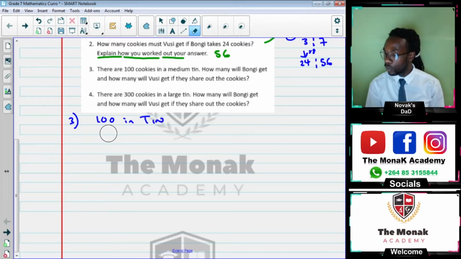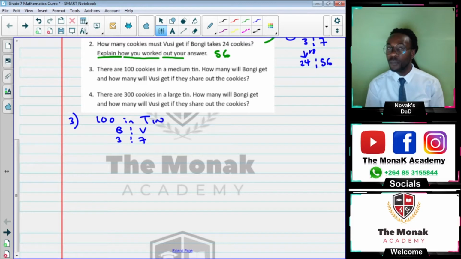We start with, always when you are dealing with ratio, always start with what they say. Bongi is to Vusi. So 3:7. So anytime you start sharing, the first step is always to add the ratio.